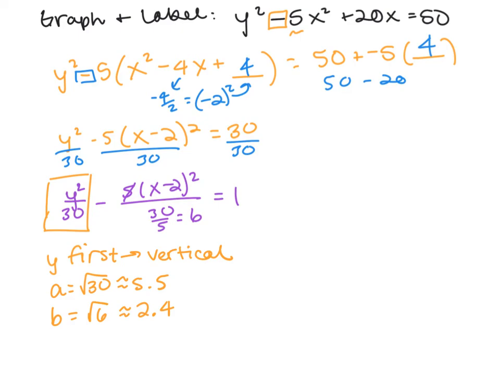And then our c value, we do a squared plus b squared to get c squared. So we have a squared 30 plus 6 is c squared. c squared is 36, so therefore c is going to be 6. So there's all of those pieces that we need to graph.